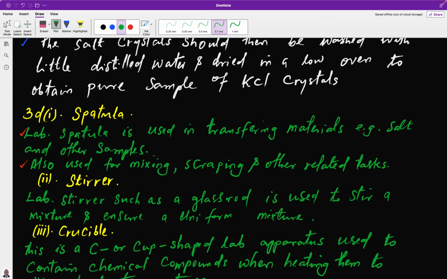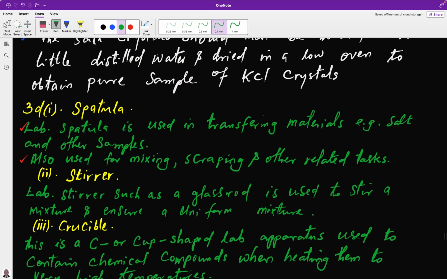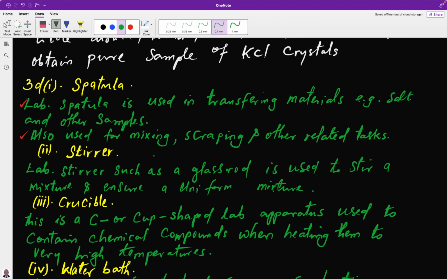Some are like a teaspoon, some are not, some are square. So we usually use it in transferring material, e.g. salt, and other samples. It is also used for mixing. When you put it in you can mix different salt, or you can mix a salt and another chemical.